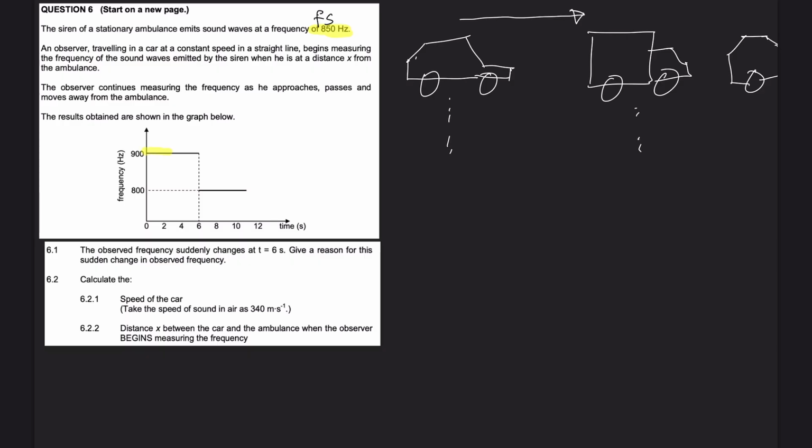Remember, the frequency of the source is 850. From 0 to 6 seconds, the frequency that is heard is 900 Hz. And since it's greater, right? So let's say from T0 to T6.